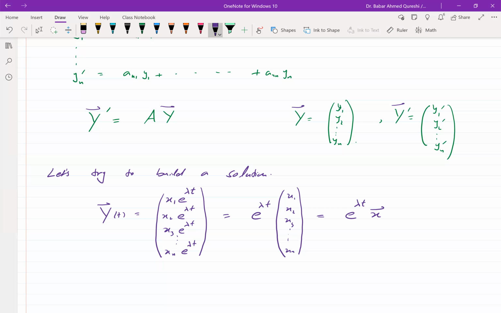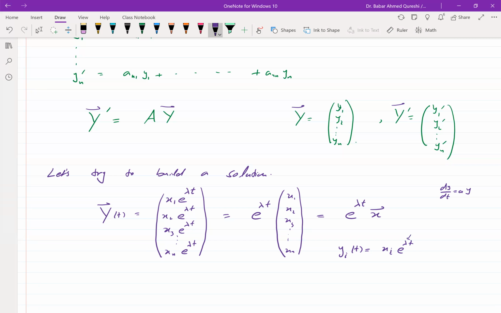So it's saying that each y1 of t is of this form. You choose a constant xi and then you pick an exponential. But in the case of one variable, you remember that this constant appearing in the exponential was not arbitrary. It was the number which appeared in your differential equation.